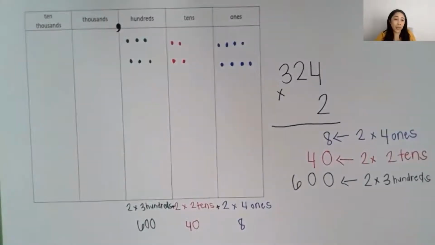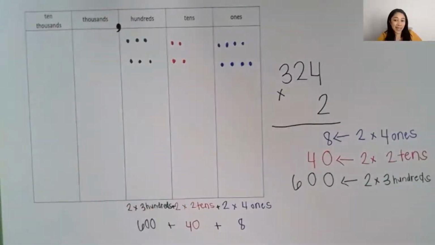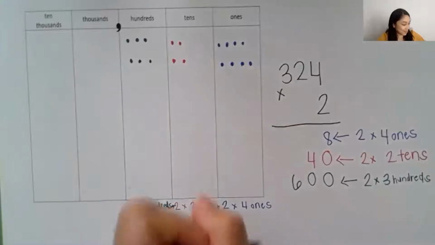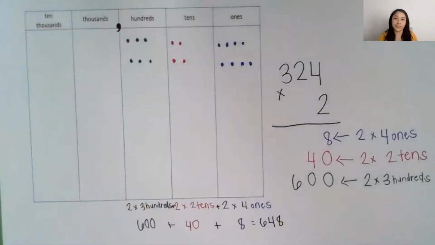What is the value of the discs represented in our chart? 600 plus 40 plus 8, and that equals 648. Let's now add the values that we wrote in the problem.